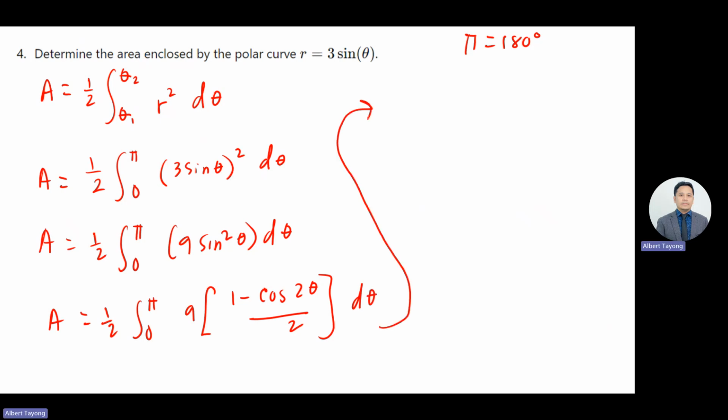And now we have here a 9 over 4 outside. Why? Because we have 9 over 2 here times 1/2, it becomes 9 over 4. Usually, we have to put the numerical coefficient on the left before the integral sign. So this is from 0 to pi, 1 minus cosine 2 theta d theta.